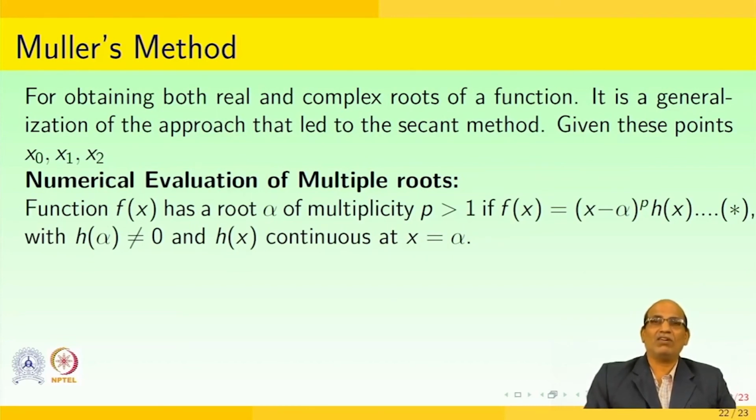The other one is what is called the Muller method, for obtaining both real and complex roots of a function. It is a generalization of the approach that led to the secant method. If the function f(x) has a root alpha of multiplicity p, then p is greater than or equal to 1.